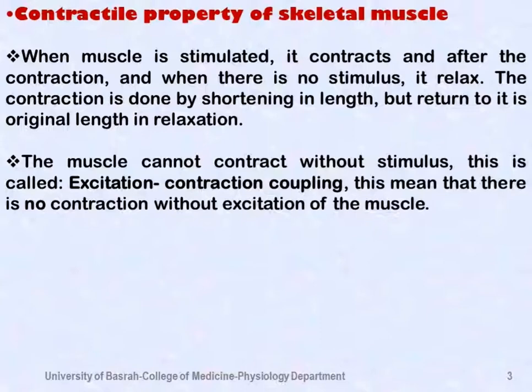Muscle cannot contract without stimulus. This is called excitation-contraction coupling. We mean there is no contraction without excitation of the muscle, and when there is excitation it should be followed by contraction. The muscle converts the electrical energy to mechanical energy.